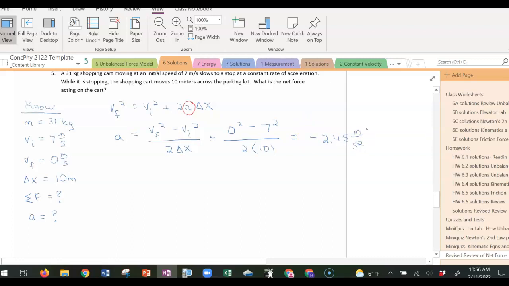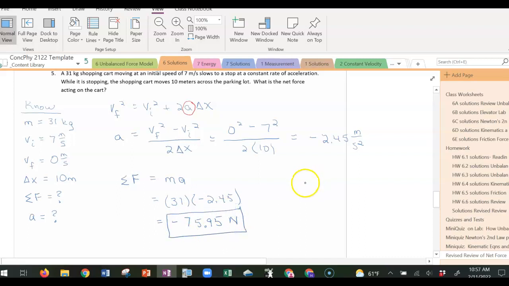That's the acceleration. Now that I know the acceleration, and since I already knew the mass, I can use Newton's second law that says the net force equals the mass multiplied by the acceleration. So I have 31 kilograms. The acceleration is negative 2.45. And so that net force is going to be a negative 75.95 newtons.